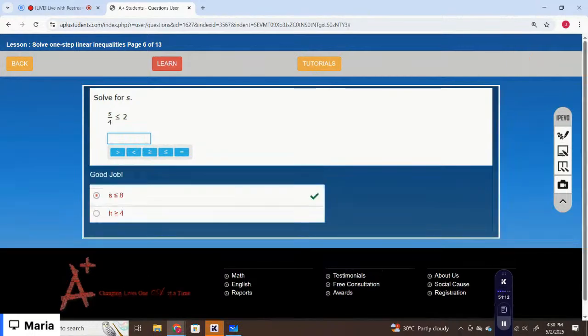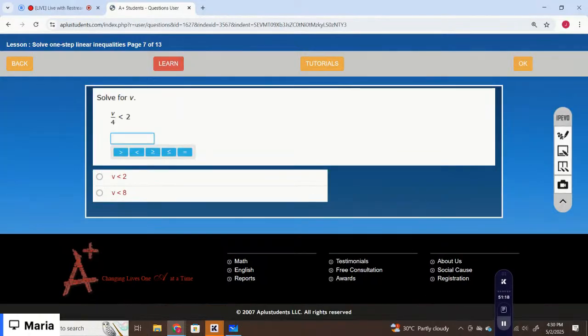Option number 1 is the correct option. B is less than 8.